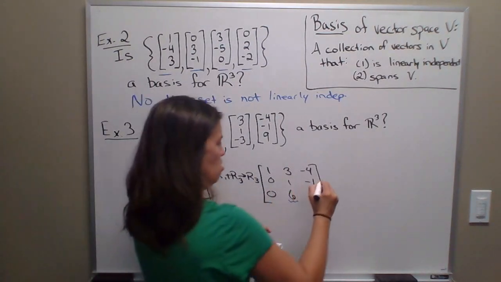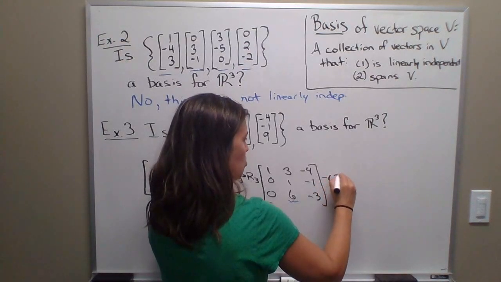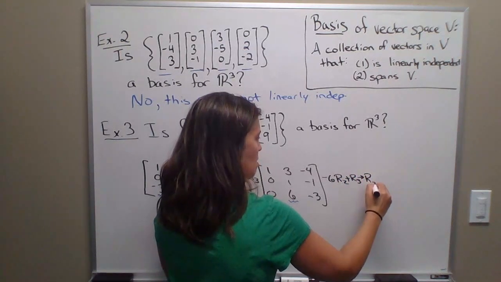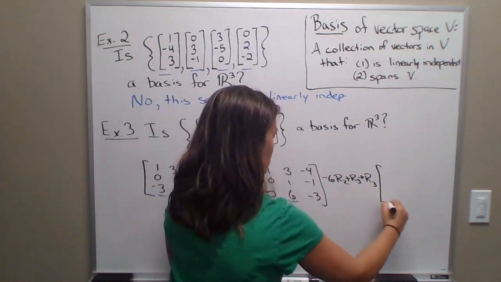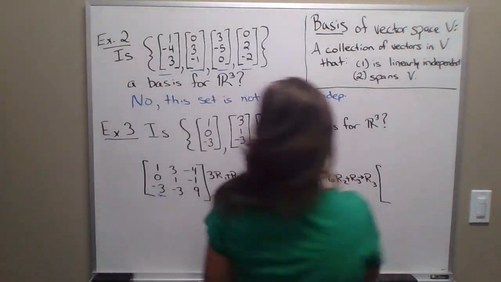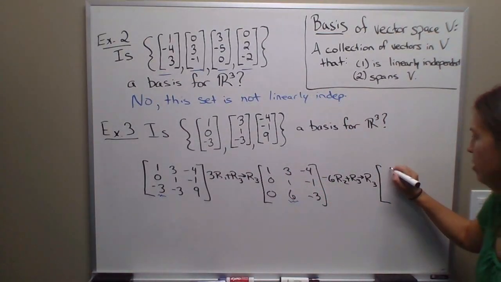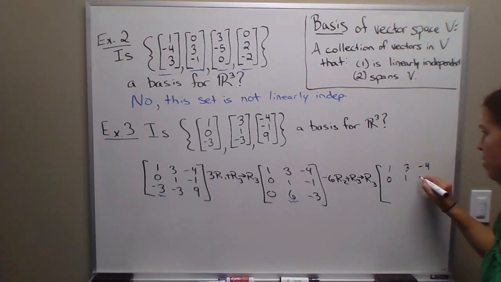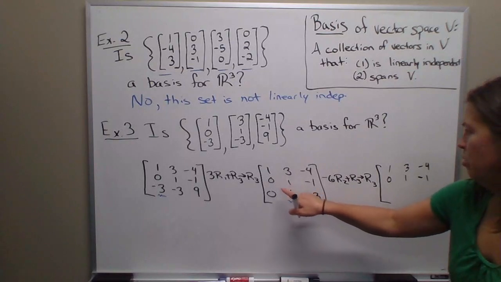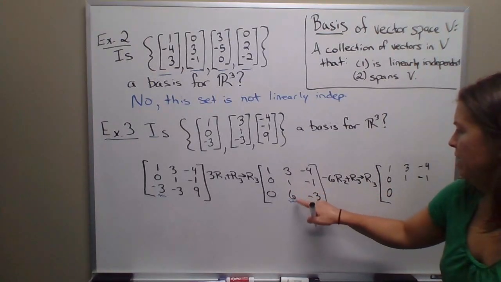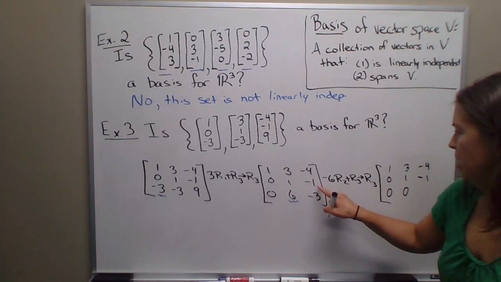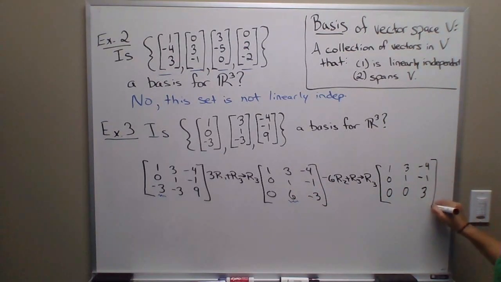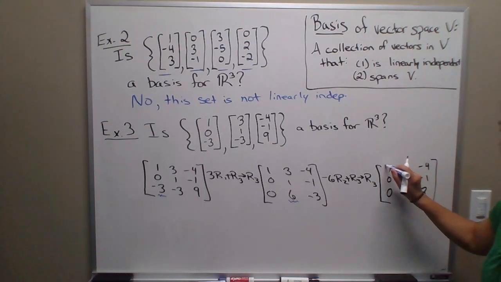So I would do -6 row 2 plus row 3, and make that the new row 3. So I'm going to copy the first 2 rows the way they are. And now I can do 0 plus 0, -6 plus 6, -6 times this, so that'd be +6 plus -3. Okay, and we've now got this thing in echelon form.